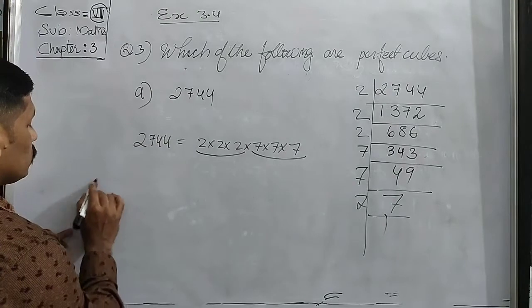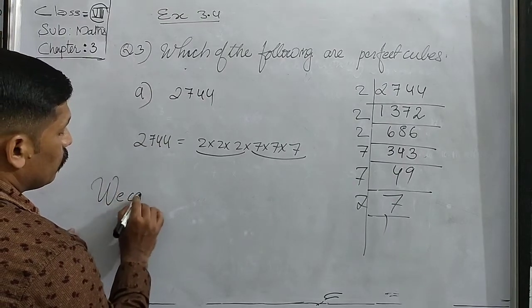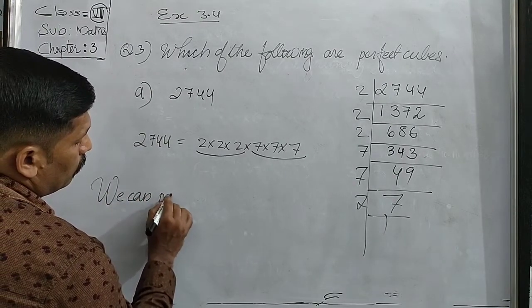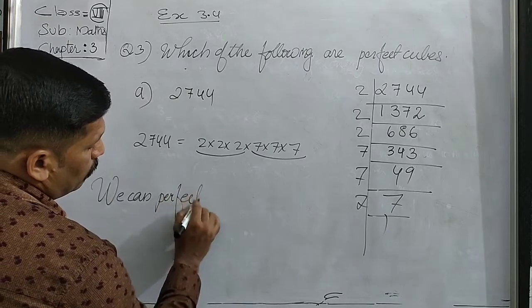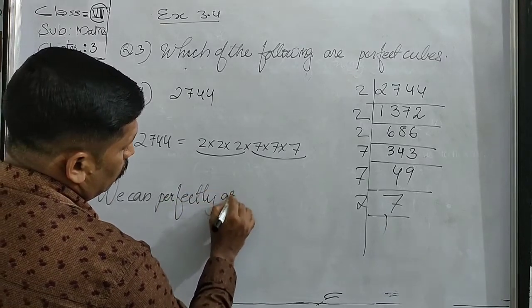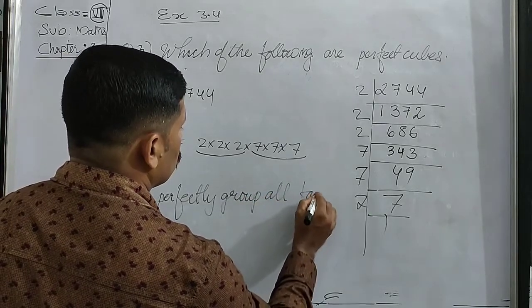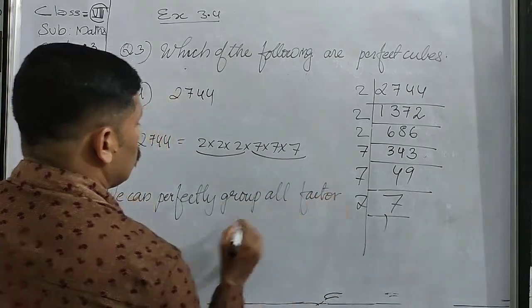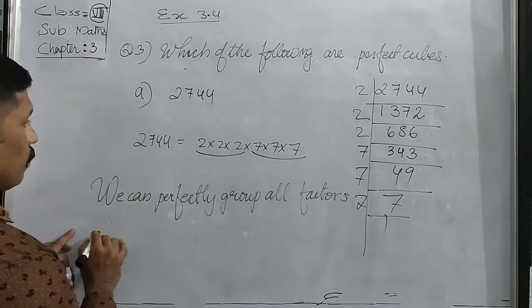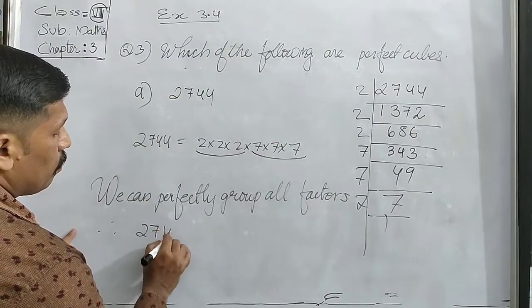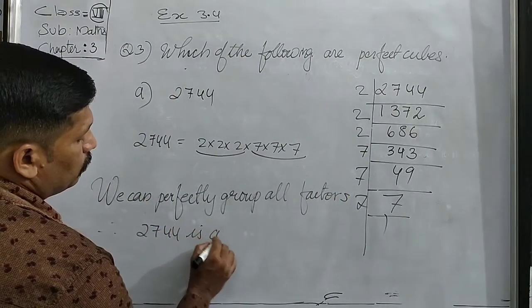So we write the sentence: we can perfectly group all factors, therefore 2744 is a perfect cube.